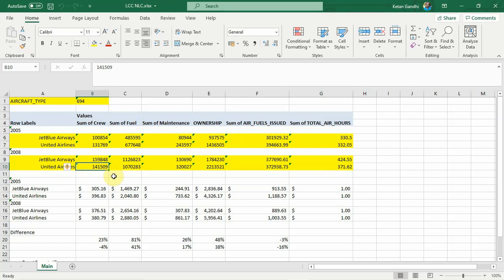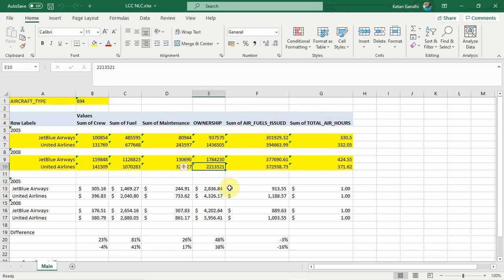So we look at United Airlines for 2008. It was 1 million for the crew cost, 10 million for the fuel cost, and 3 million for the maintenance cost.